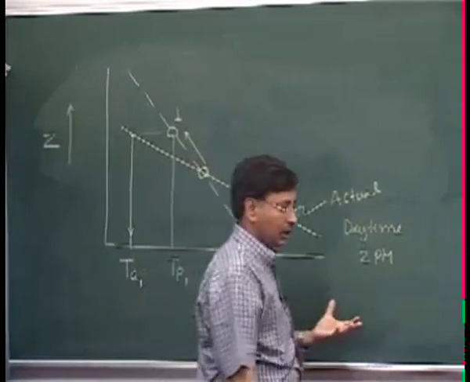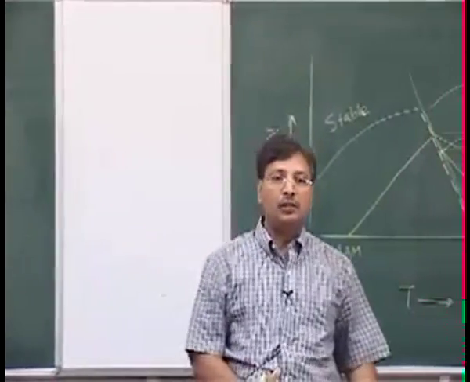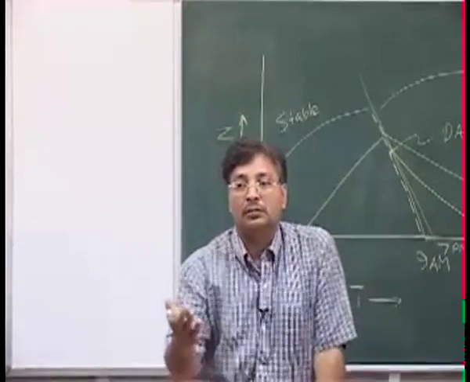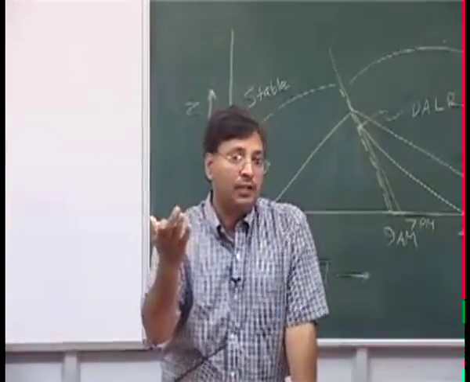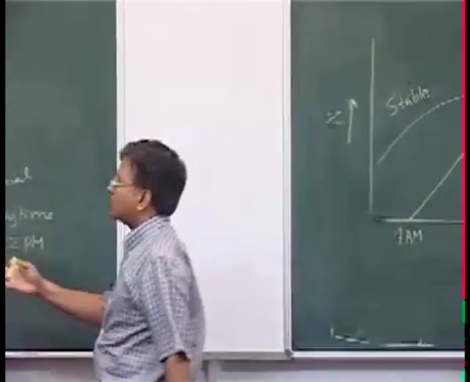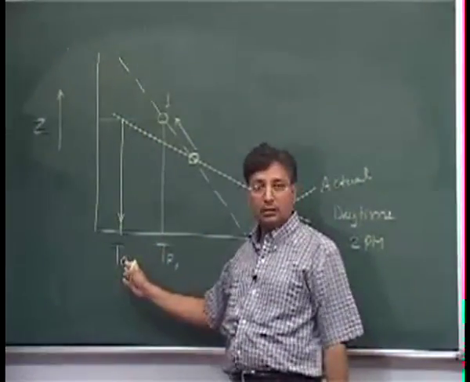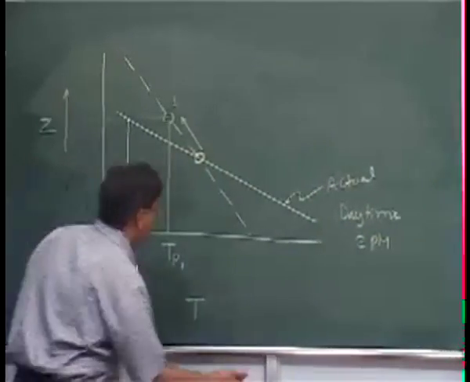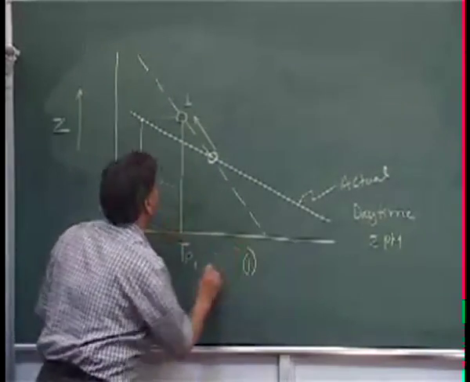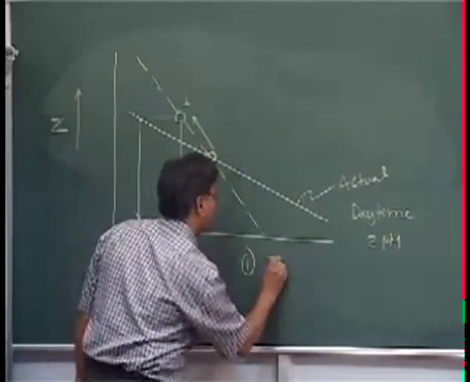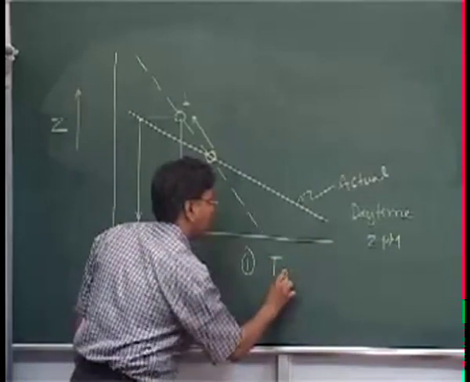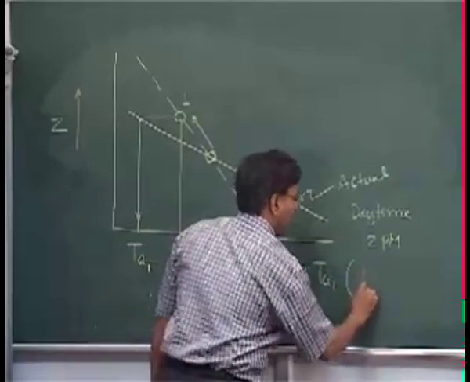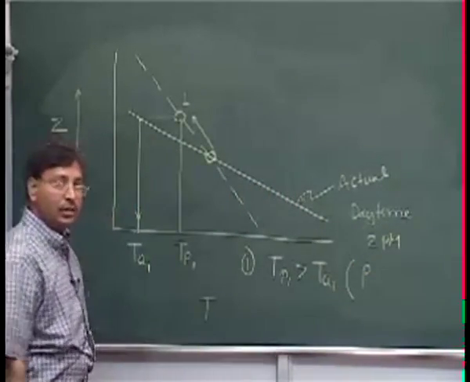Now you have to answer whether the pollutant will stop here, or go up, or come down. It will continue to go up, because the surrounding air is cooler and the pollutant temperature is higher. So for situation number 1, we have concluded that Tp1 is greater than Ta1 and the result is that the pollutant goes up.